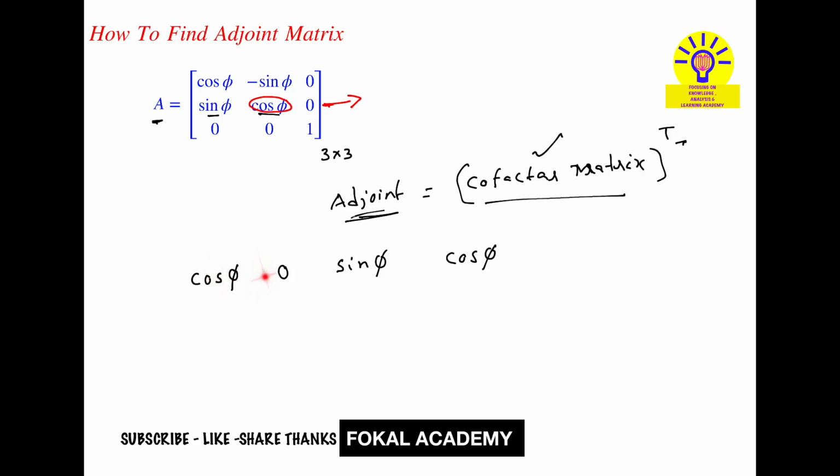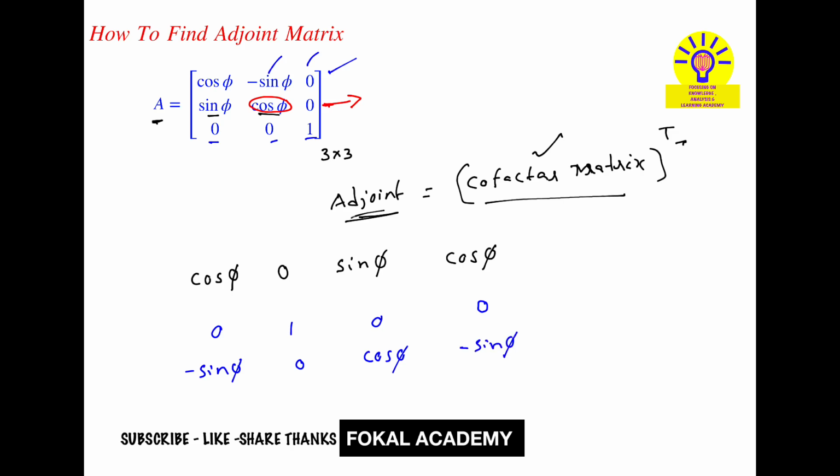The same pattern applies for the third row. So start with 0 here, next 1, next 0, end with 0, the starting element. Now apply for the first row: minus sin pi, next 0, cos pi, next minus sin pi.